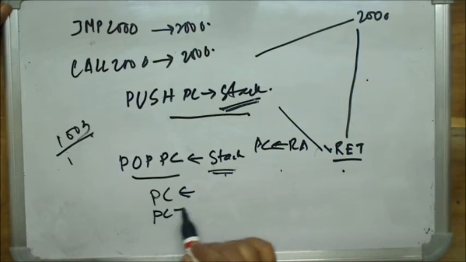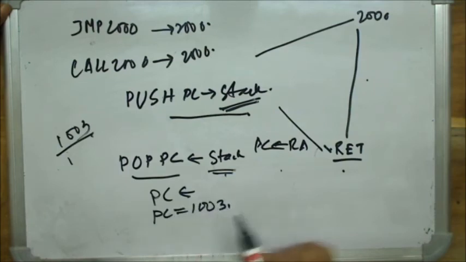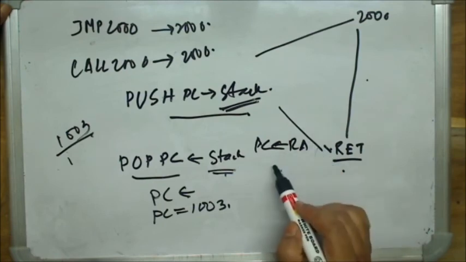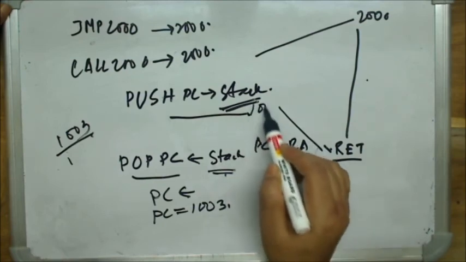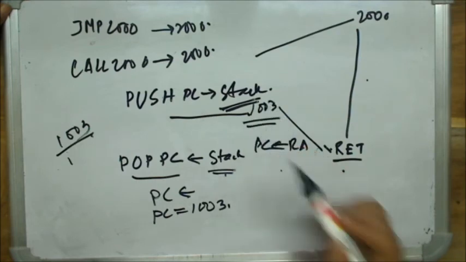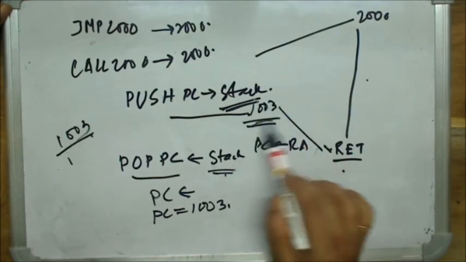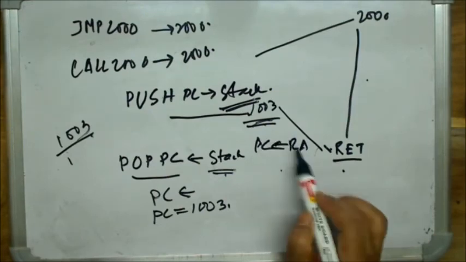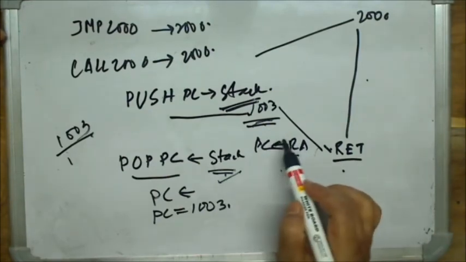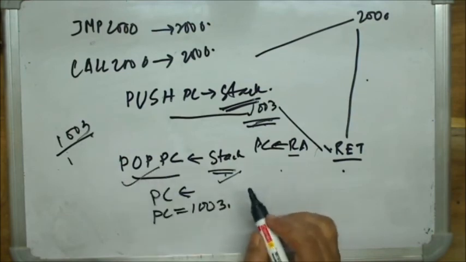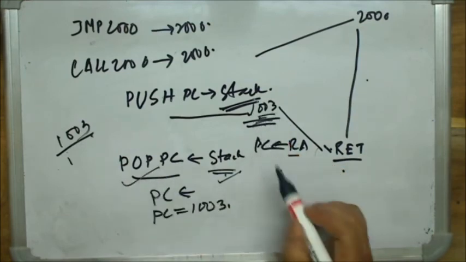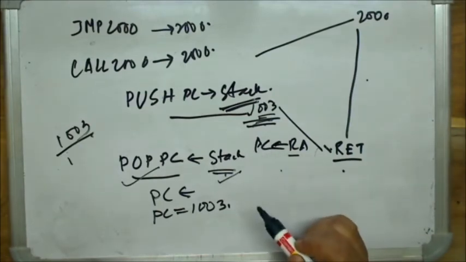So PC will again be loaded with 1003, and in this way the program will get the return address and get back to the next instruction. It will get back this return address from the stack by the instruction pop PC, and then it will return to memory location 1003 in the main program.